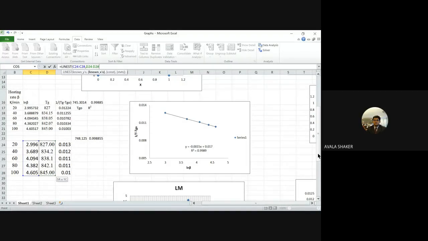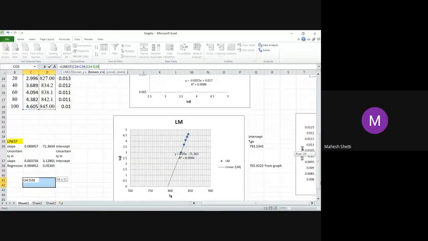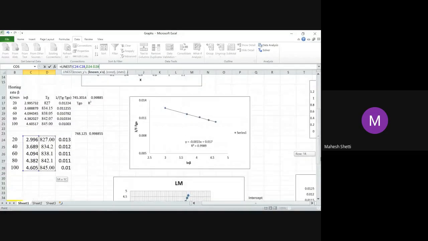It's ln beta versus TG, right? So the known y's are ln beta, the known x are this. So x is 1 by TG minus TGO, right? No, for the previous graph it was. This graph is just ln beta versus TG.